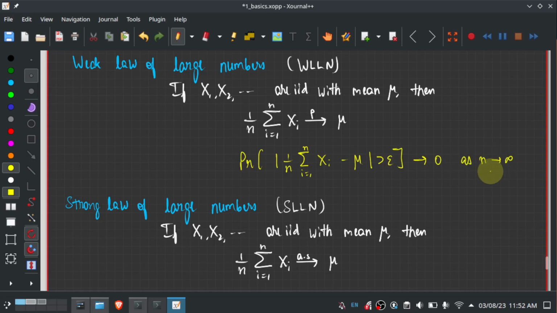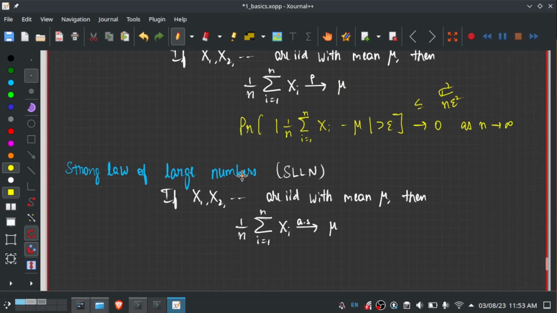Right? And we saw a proof of this. Just use the Chebyshev inequality. You'll see that this probability is less than or equal to sigma squared divided by n epsilon squared. So for a given epsilon, as you let n tend to infinity, this tends to 0. But as I mentioned, this is not the tightest bound that you can derive. You can prove much tighter bounds for this particular probability.